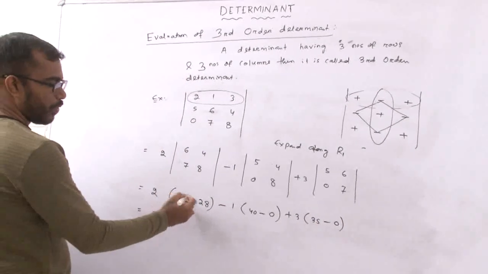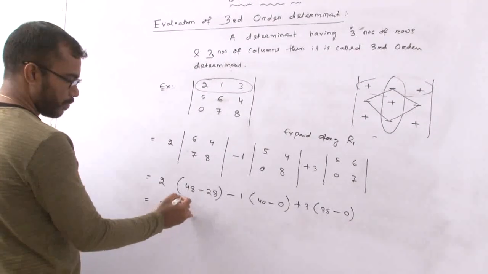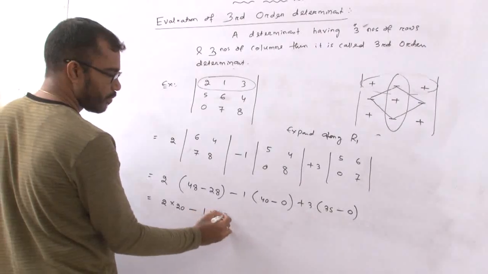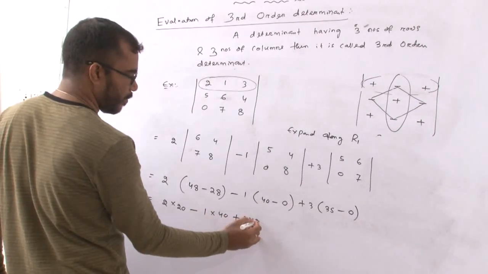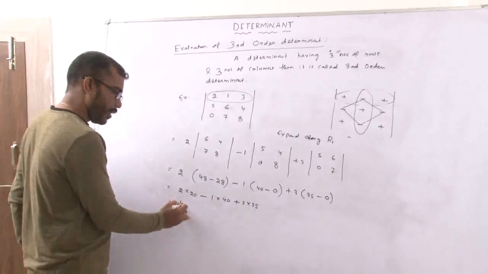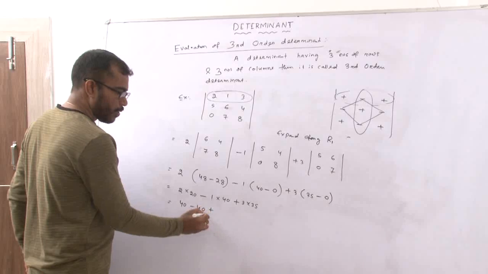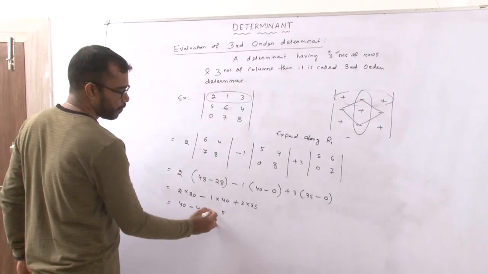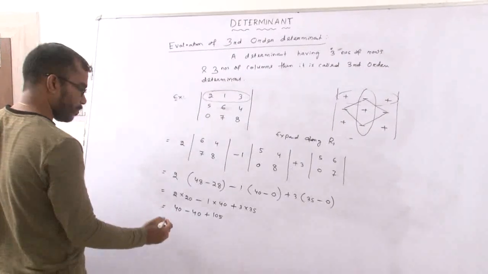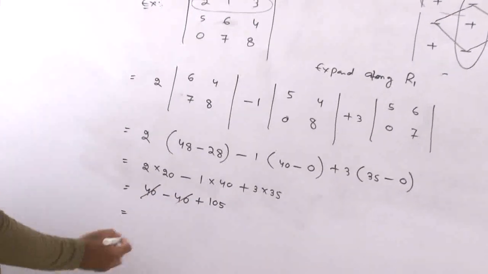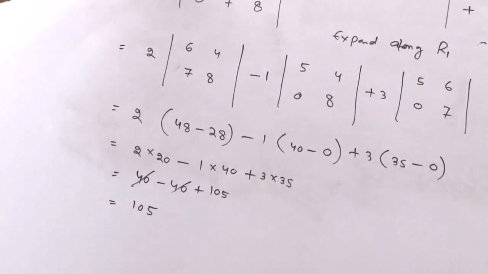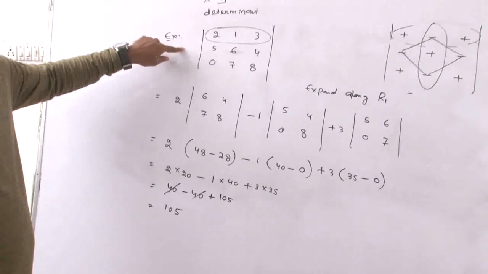So 2 into 48 minus 28, that is 20, minus 1 into 40, plus 3 into 35. If we multiply, 2 into 20 is 40, minus 40, plus 105. Now cancel 40, 40, then we get 105. So here is the solution of the determinant.